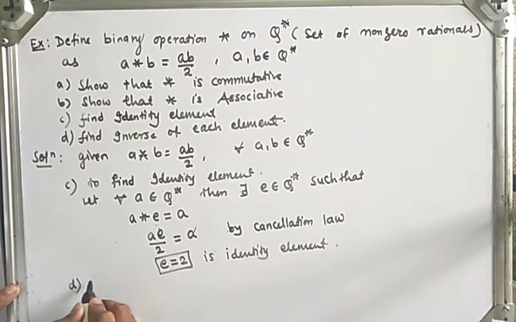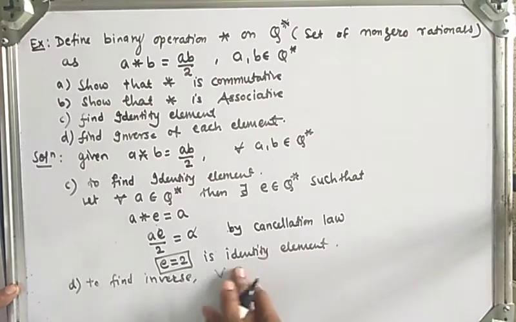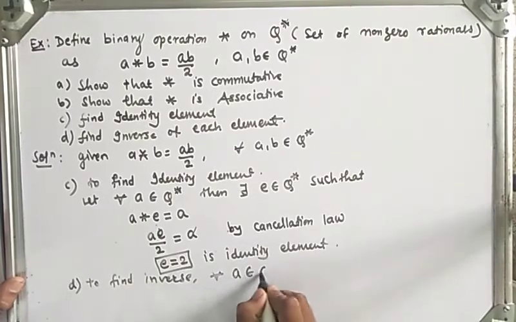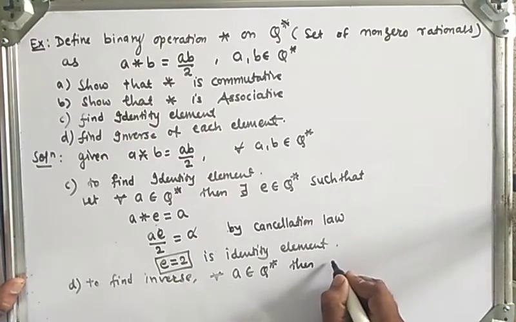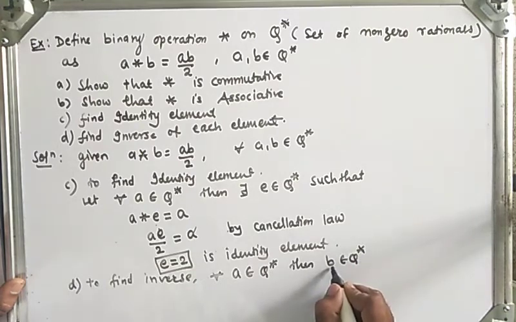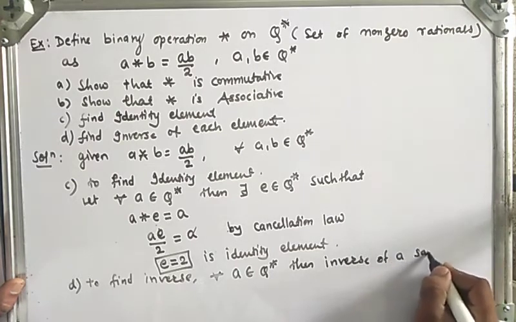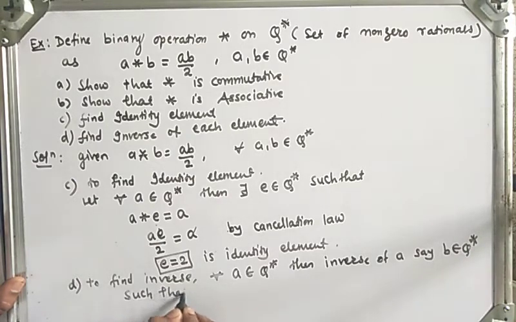Using the definition of inverse, for all a belonging to Q star, there exists b belonging to Q star, the inverse of a, such that a star b is equal to the identity.